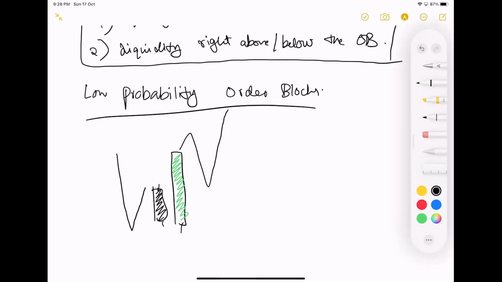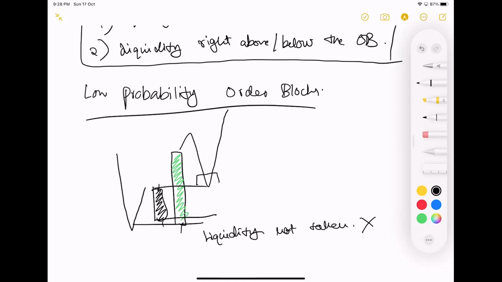Is this a high probability order block? No. Why? If you look to the left, did it take out liquidity? No. Liquidity not taken. Therefore, this over here is low probability.